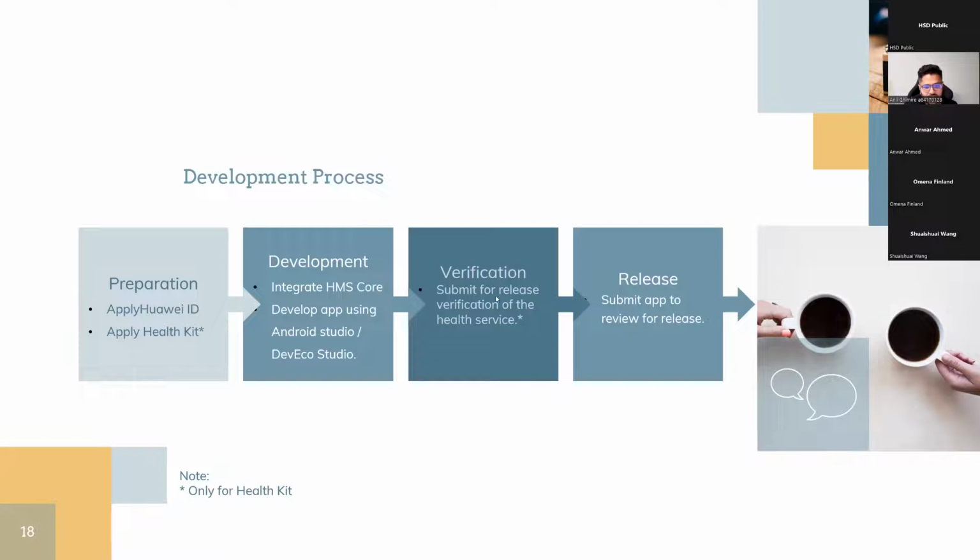This will be thoroughly checked by the review team, and if the data is used correctly, then permission is given to release the app for an unlimited number of users. After that is done, you can submit the app for release, and when the review team approves the app, it's released.